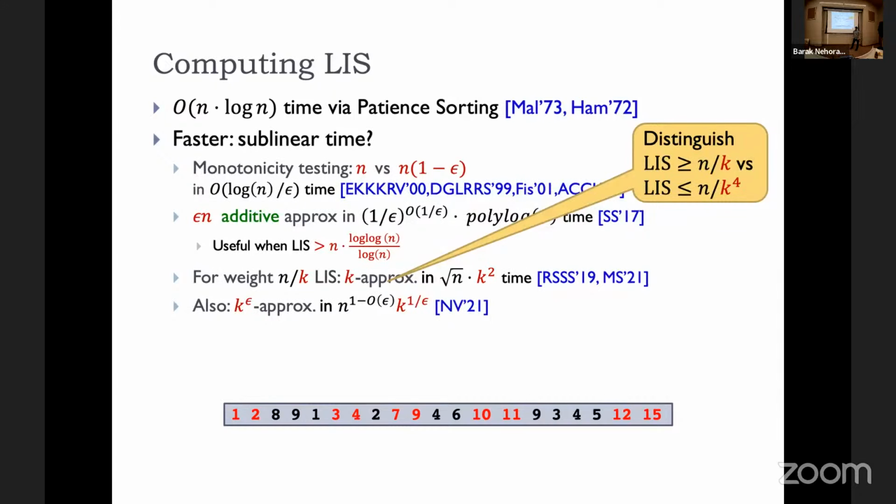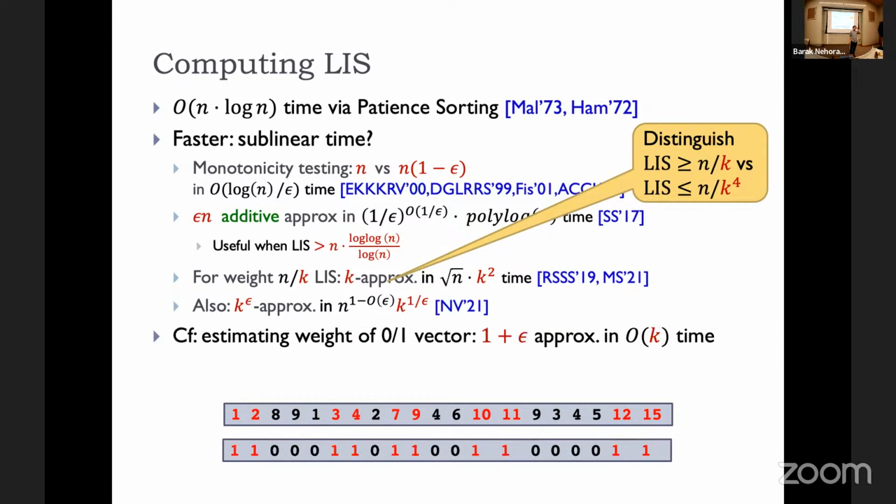Just to put it in context, what should we expect from this problem? You should compare this to a simpler, related problem. We are given a sequence of 0s and 1s, and we estimate the Hamming weight of the vector. Suppose the Hamming weight of the vector is around n by k.